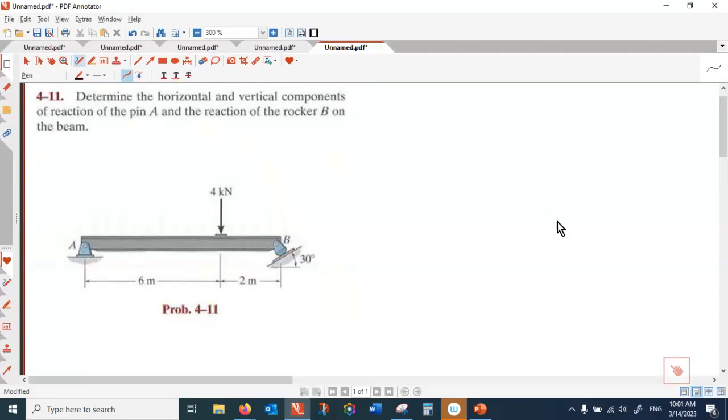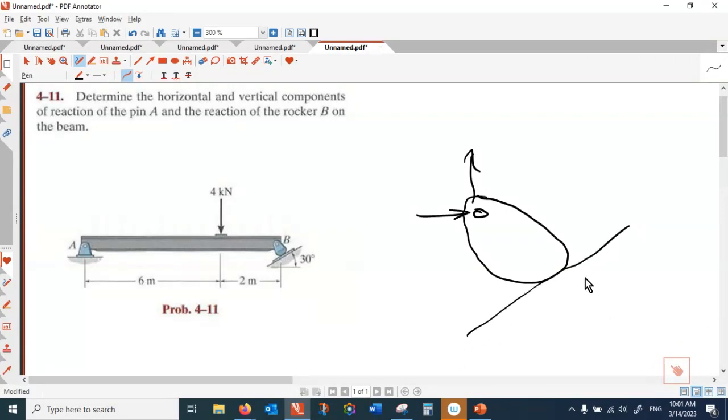If I want to make a free body diagram of that, let me draw you an enlarged view of this one. So this is B. That B has two reactions because it's a pin. But the other end, the sliding direction is like so, and normal to that is like so. So this becomes a three-force member.